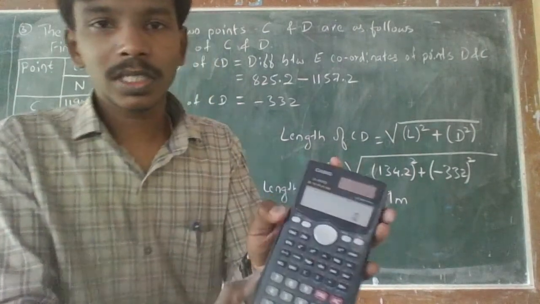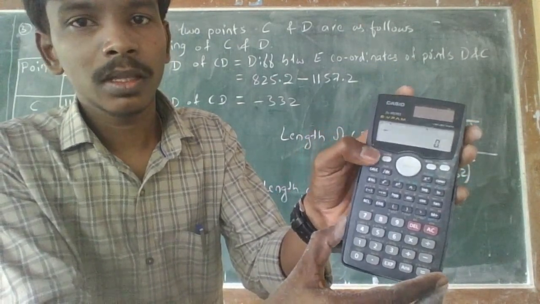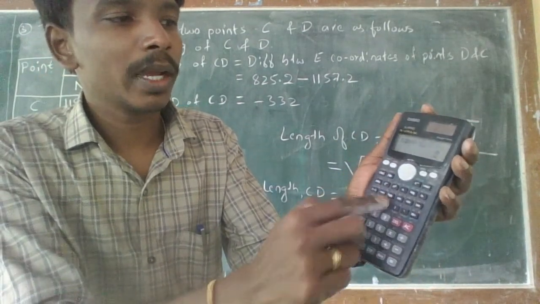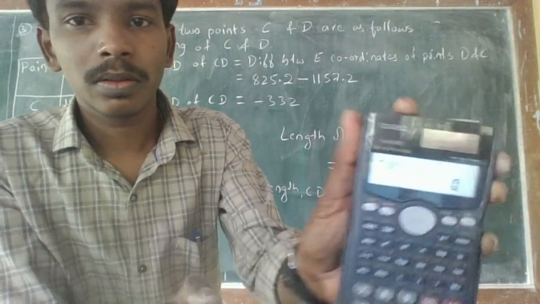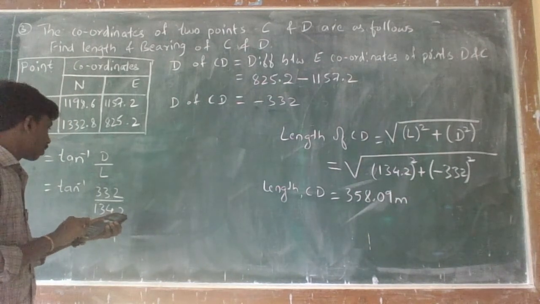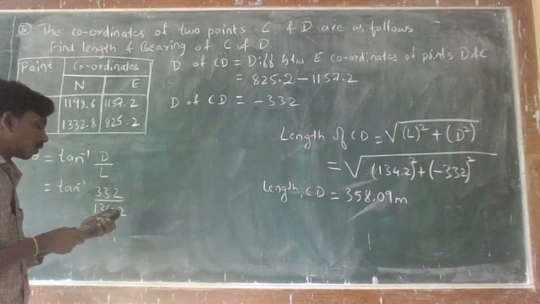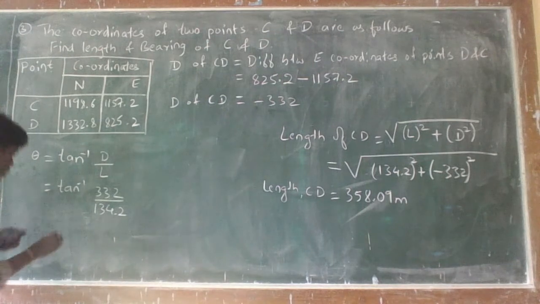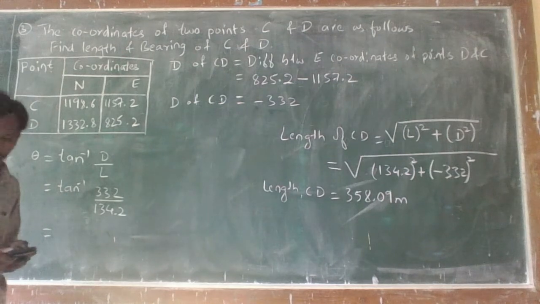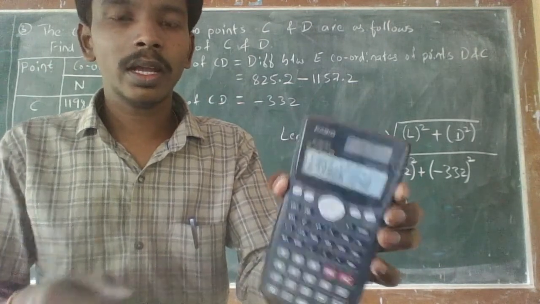Now first press the shift button and then the tan button. Now open the bracket and substitute the values 332 divided by 134.2. Now you will get the value 67.99.